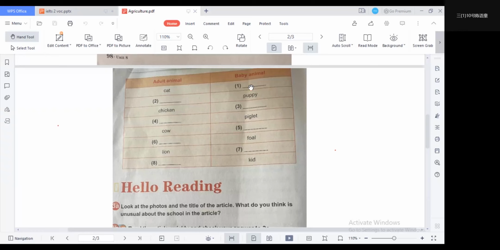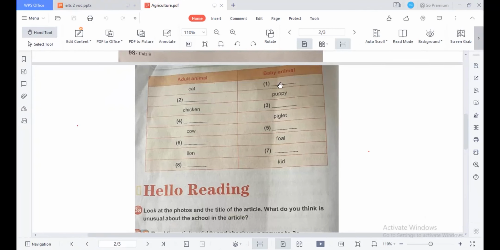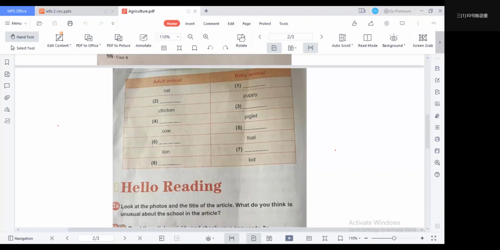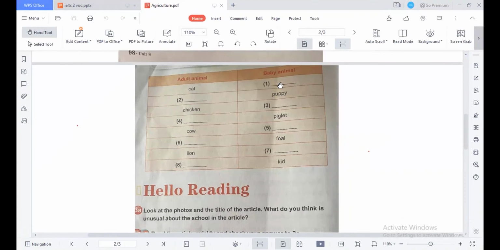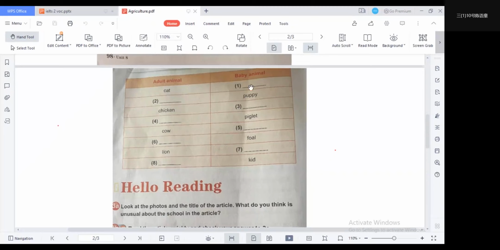Pig, piglet. Cow, calf. Yes, that is wonderful. Cow, calf.